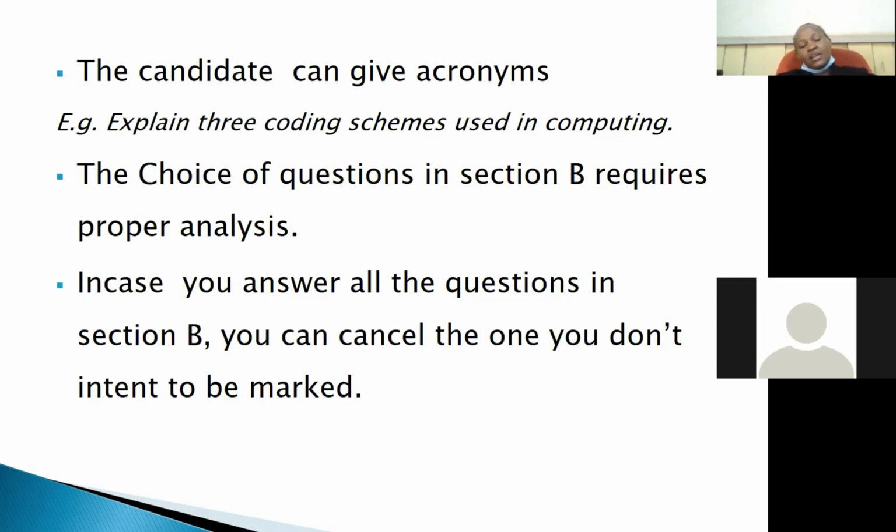Stating BCD, you explain it uses the number of bits are these, you state ASCII, you give the number of bits, you state the other one, which is EBCD, and then you give the number of bits. At that point, you are correct. Again, if you are also comfortable with giving full names, you can as well do so, because you are also right.